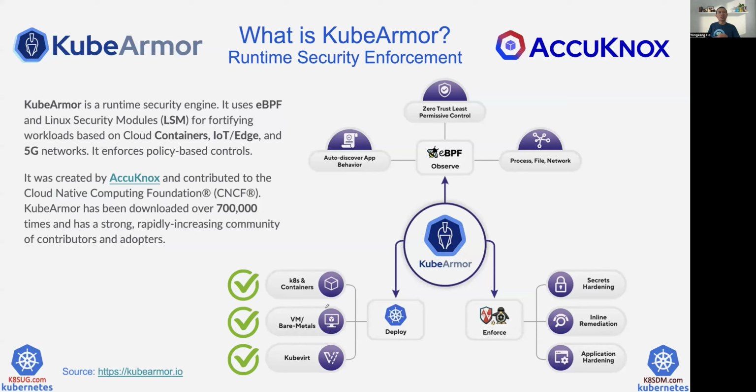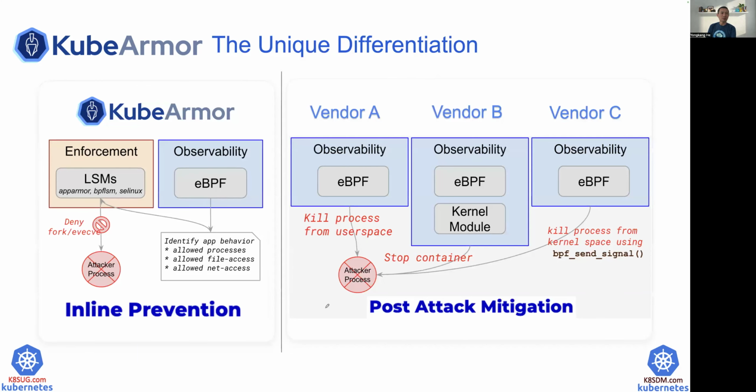So what's unique about KubeArmor? On the left-hand side, you can see KubeArmor leverages eBPF, extended Berkeley Packet Filter, for observability to identify the application behavior: which processes should be allowed, which files should be allowed to access, which network should be allowed.